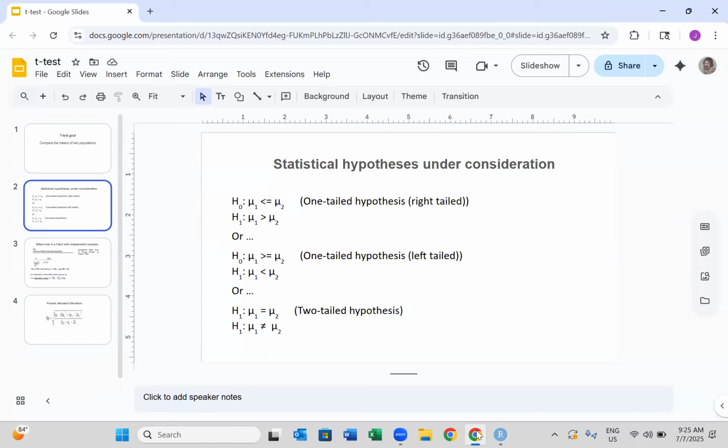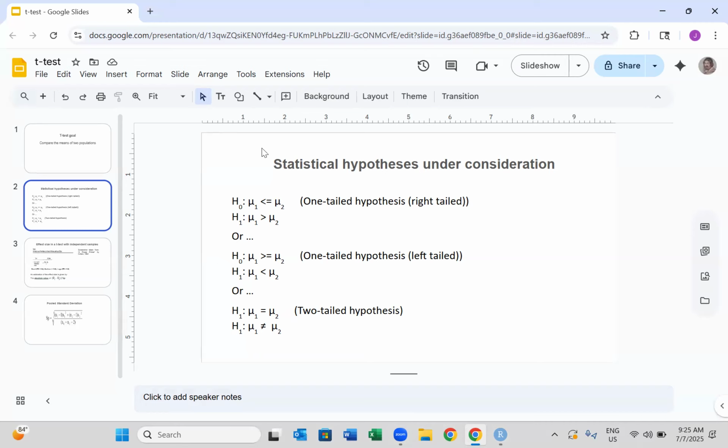And when you're doing a t-test to compare two means, you can be working with any of three pairs of hypotheses, and the specific pair you work with depends on the problem you're facing. But the idea is that you start the t-test by selecting one of these three pairs.